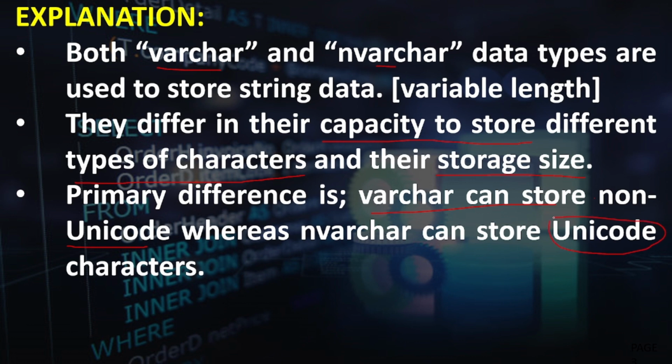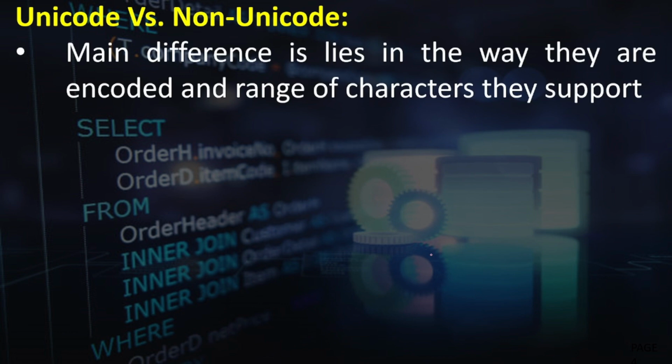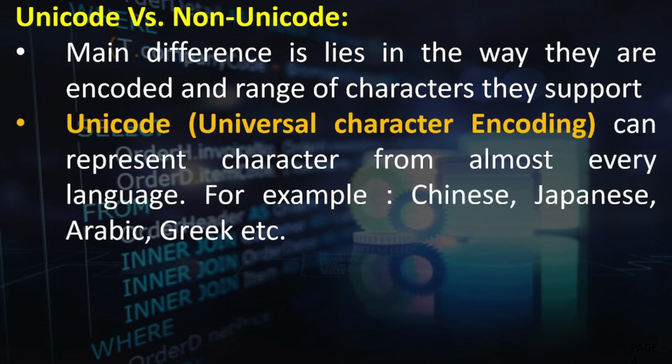So there are two terms here, Unicode characters and non-Unicode characters. Let's try to understand these two. The main difference lies in the way they are encoded and the range of characters they support. Unicode, also called universal character encoding, can represent characters from almost every possible language.